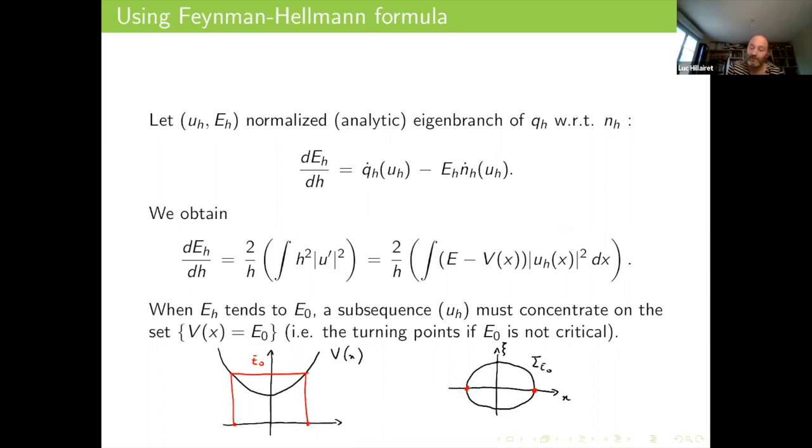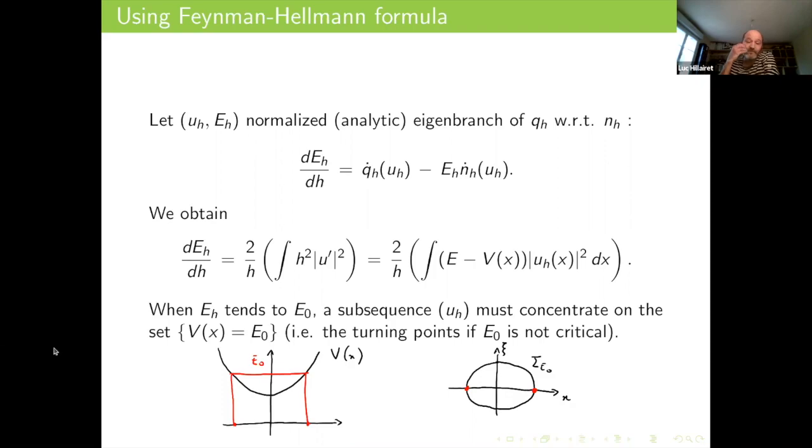And so that means that if you look at the expression on the right, it means that u_h has to concentrate on the points where V(x) is equal to E0. And so I've drawn a picture with your potential V, and some non-critical energy E0, and you have these 2 points which are classically called turning points.